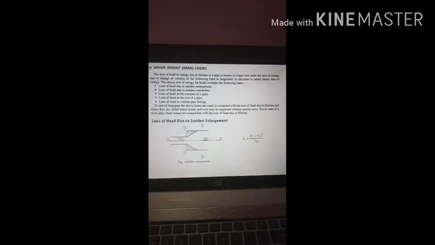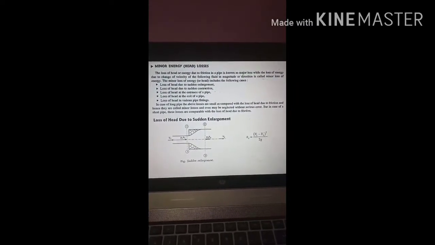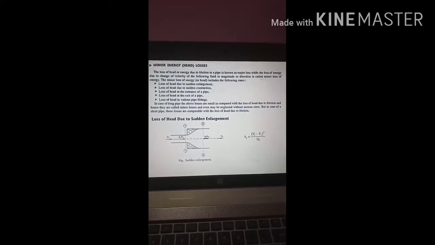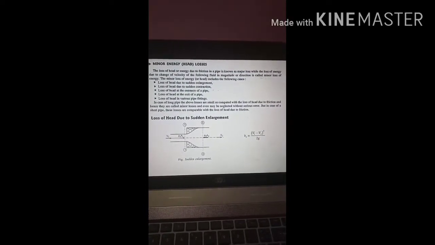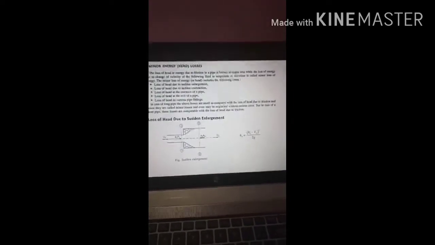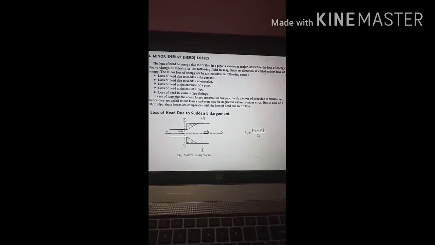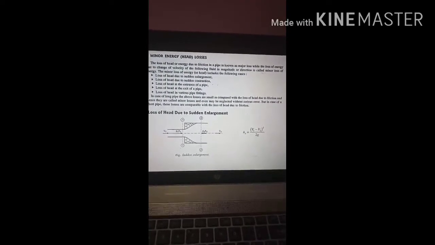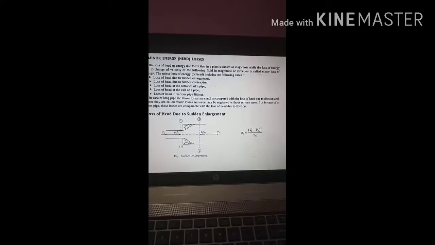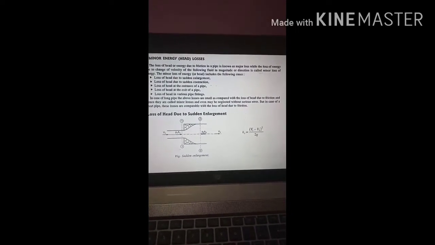There are certain types of minor losses because the area change may be an increase or a decrease in area. Depending upon that, the minor energy losses have certain types. Let us see them one by one. There are 5 types of losses which come under minor losses.